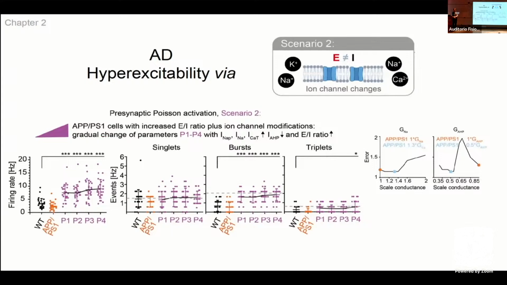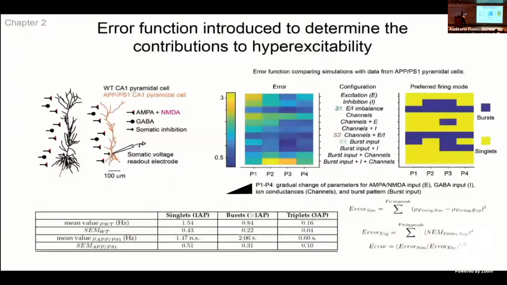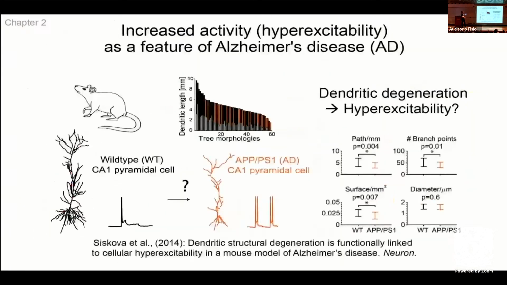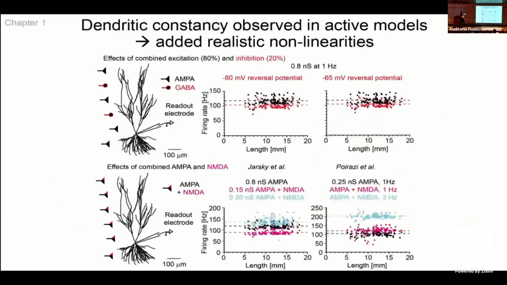Martin, in the data you can see a lot of variability. Do you have an idea why this variability appears and how to model it? I mean, when we go back to the dendritic constancy, here as well you have a strong variability.